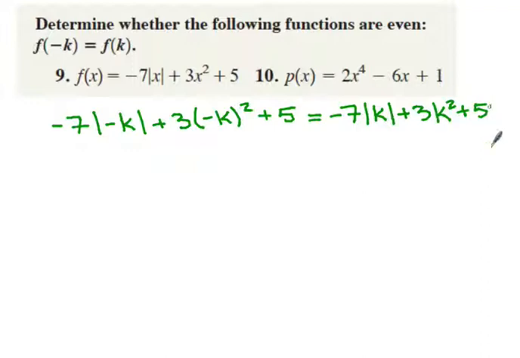All right, so if this is an even function, all of the negative inputs should have the exact same output as the positive inputs of that value. Okay? So we'll simplify this.